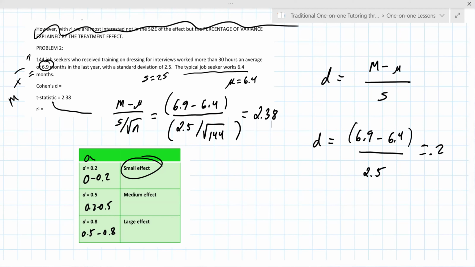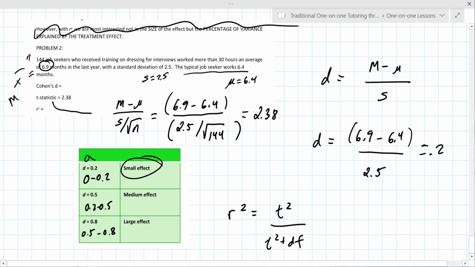Okay, so this R squared is such a horrible formula. So R squared is T squared over T squared plus degrees of freedom. Okay, so you have to take that t value you just found, 2.38, square it over 2.38 squared plus degrees of freedom. Degrees of freedom for this is n minus 1. So it's 144 minus 1.